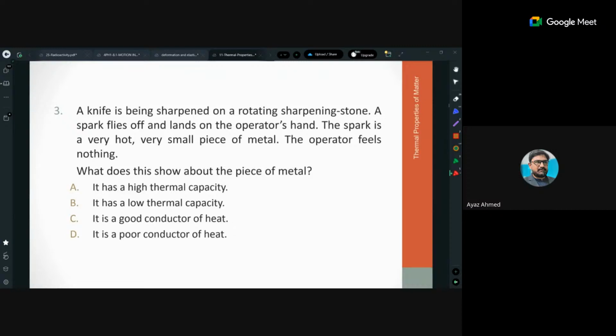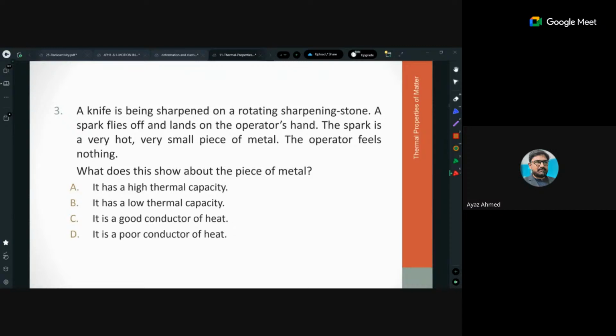Actually, this is the point I wanted to explain to you. That very hot and very small piece of metal flies off and hits a body part, the hand of the operator. The operator feels nothing.